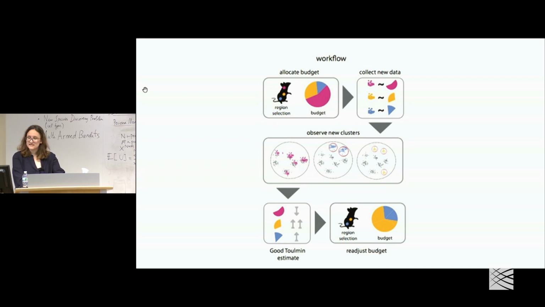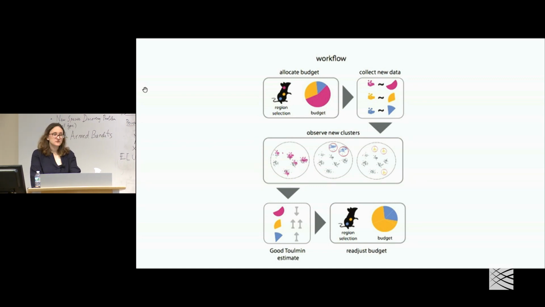So the particular setup I have in mind: imagine you want to build a cell atlas, and you can collect many points from many different regions. Or imagine you have a tumor, and you want to collect a spatial location from this tumor, and you want single cell resolution. In this particular case, the three colors correspond to three different tissues. You want to collect some data, you cluster your data, and then you want to readjust how much budget you spend in a particular region.